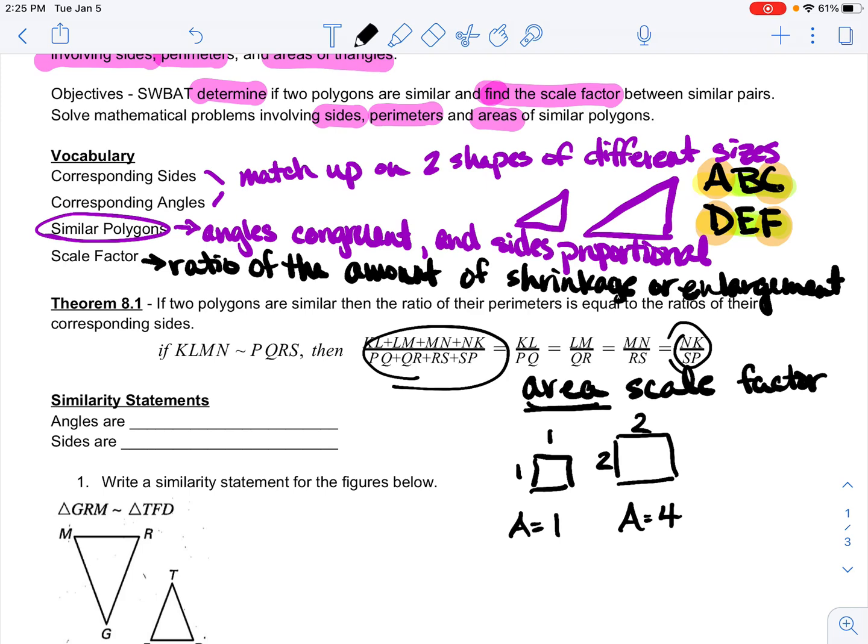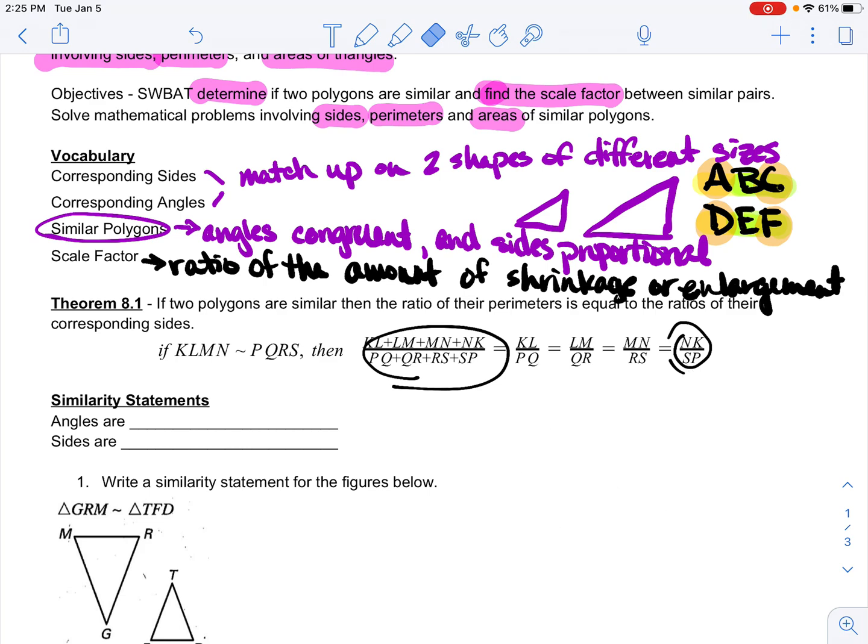Okay, so let's figure out how we write some similarity statements. That's where we are first starting. Well, first thing to know is that the angles are always congruent.